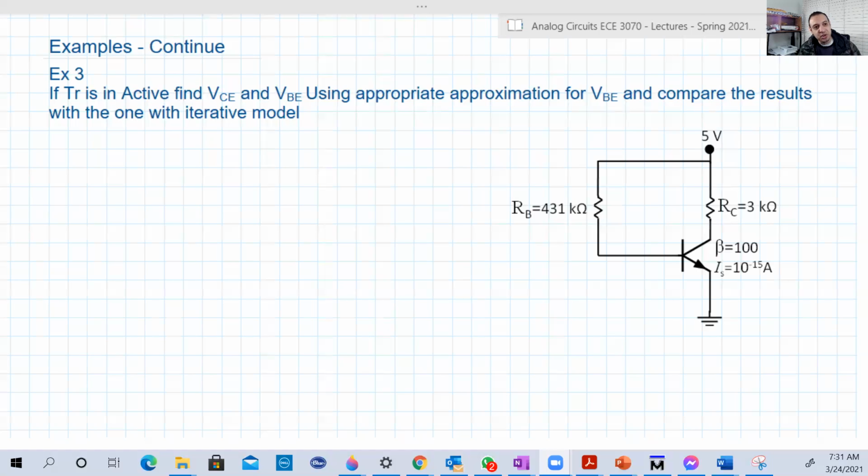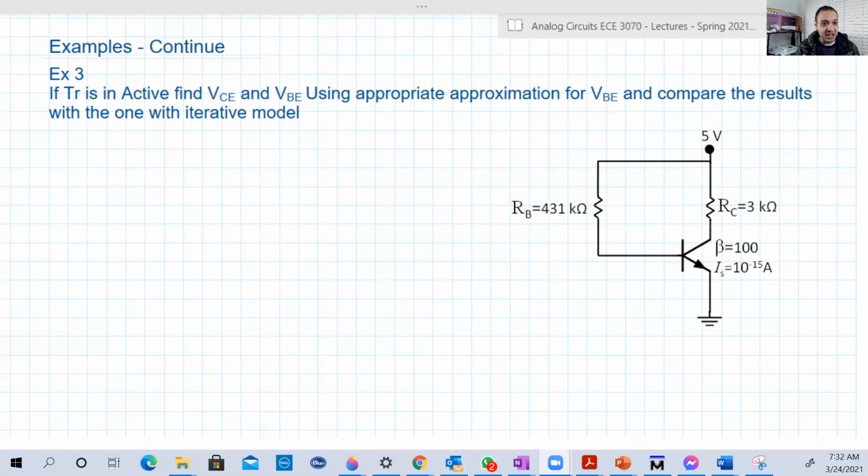In the constant voltage model, whenever a diode is forward biased and on, VD will be 0.7, or based on the diode type, for example germanium, 0.3. We'll make an approximation that whenever J1, the base-emitter junction, is forward and on, either in active or saturation, the voltage VBE will be 0.7.